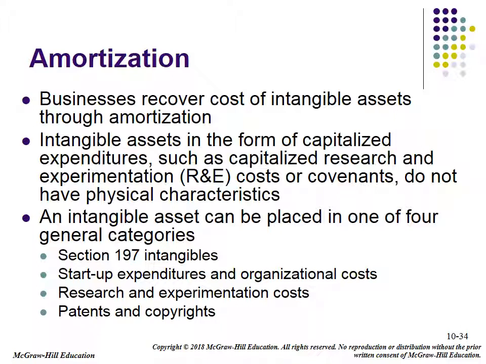And then patents and copyrights. Okay, and they're discussed on page 10-36. And the manner in which a business amortizes or expenses these items depends if they directly purchased them or created them.